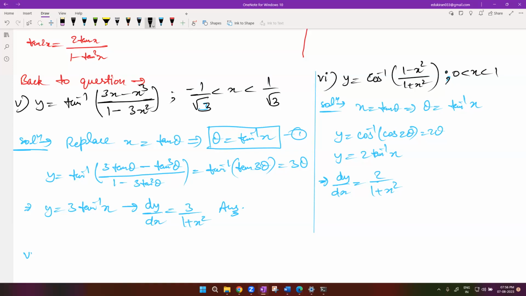The 12th question is, y is equal to sine inverse of 1 minus x square upon 1 plus x square. What should be the substitution in this case?